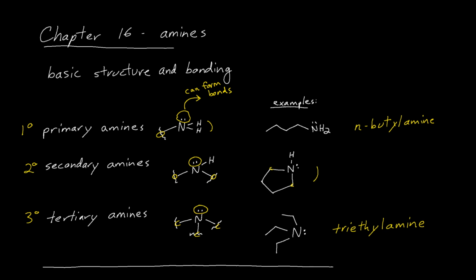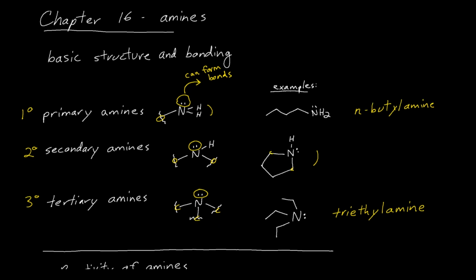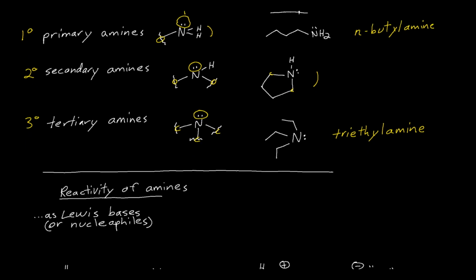In those cases it's forming a bond to hydrogen. So it really is always a Lewis base, is the way to think about it. Those electrons can form a bond. And in the last unit we saw how they form bonds with carbonyl group carbons as nucleophiles. We'll touch on that again briefly.